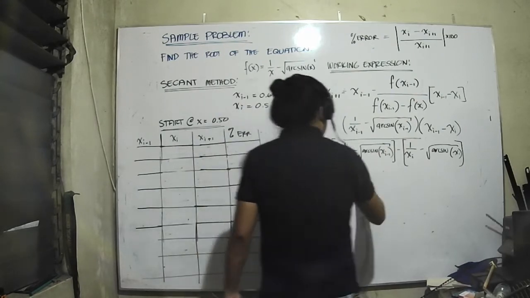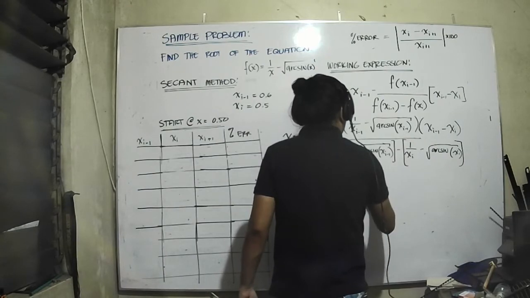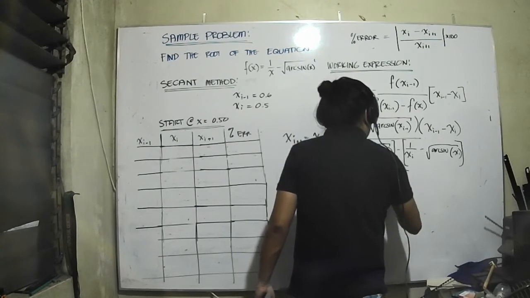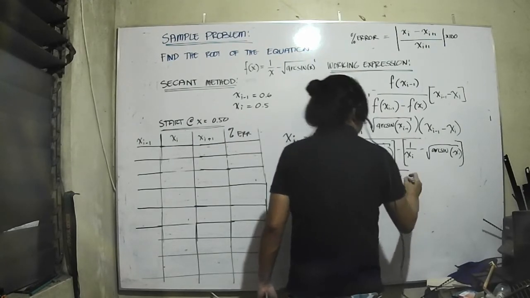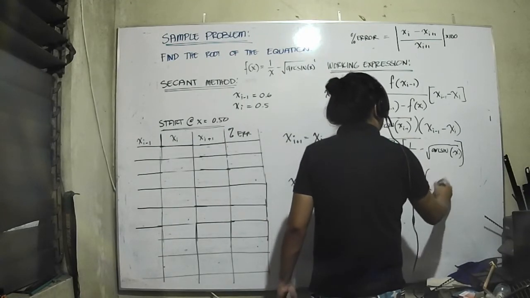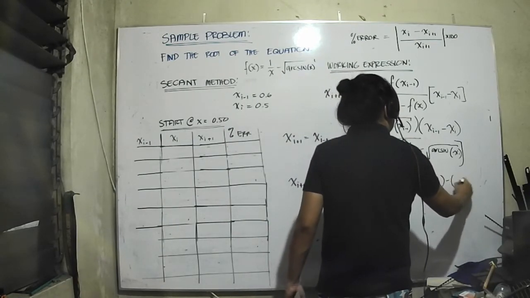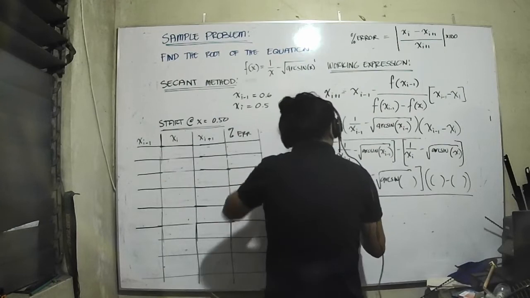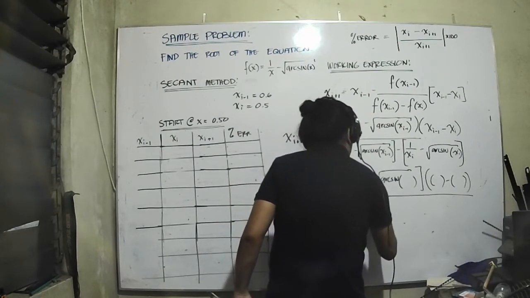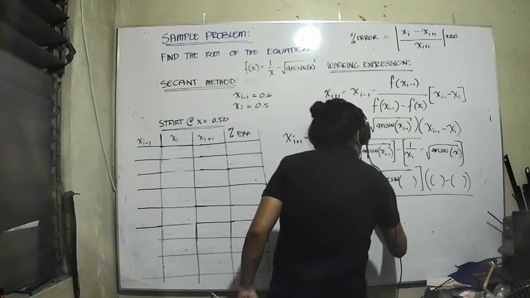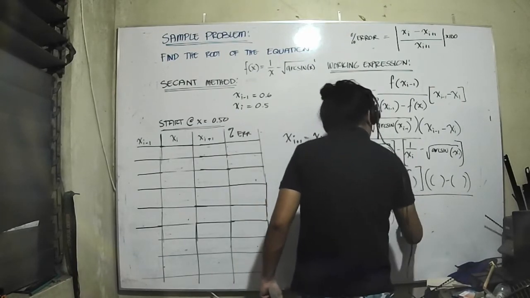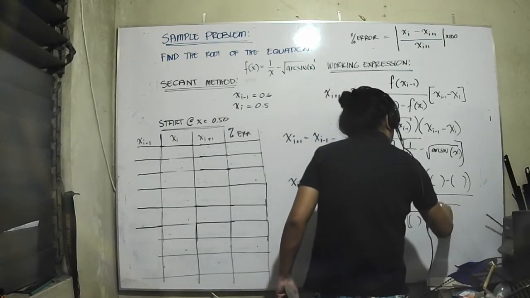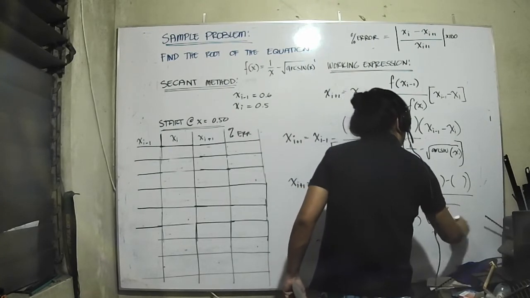this blank, 1 over blank minus arc sign blank multiplied by blank minus blank, blank minus arc sign blank.